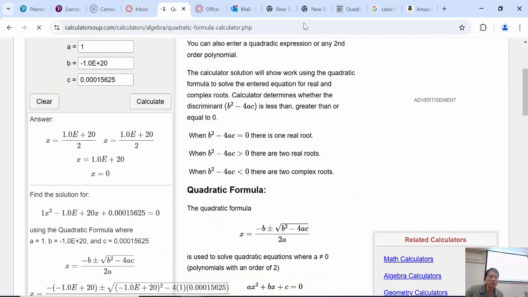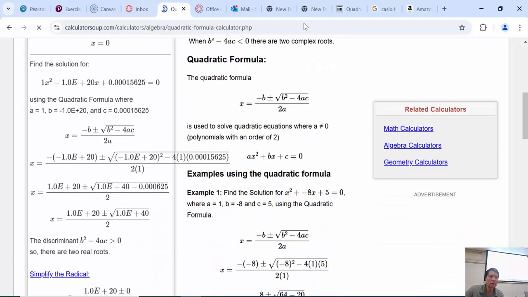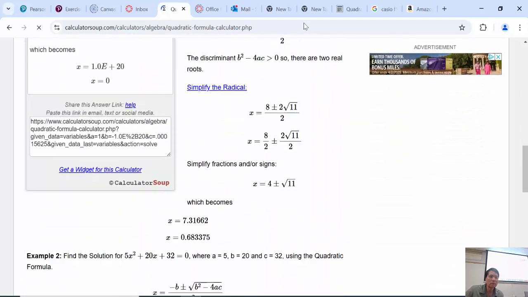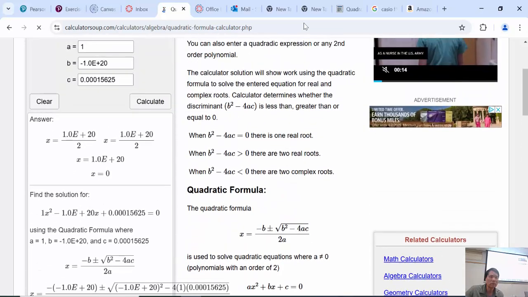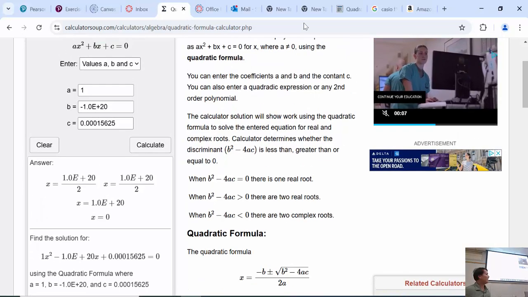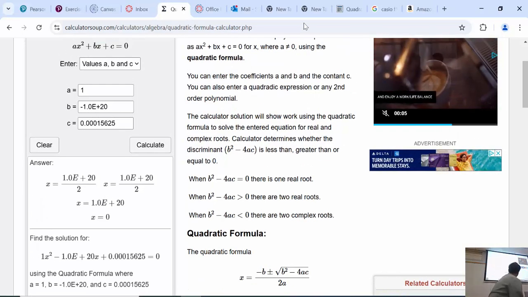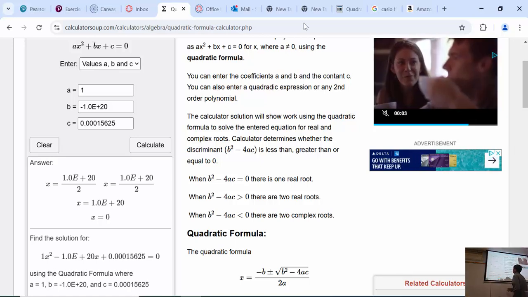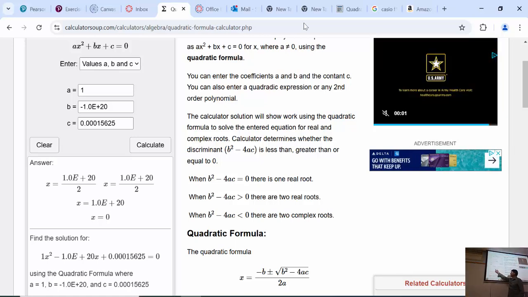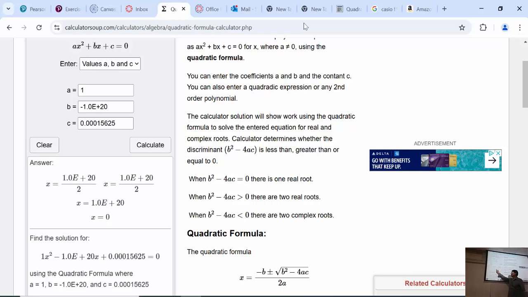And let's see my answer here. My answer comes out that x, they gave me an x value of 100 million trillion. Or 0.